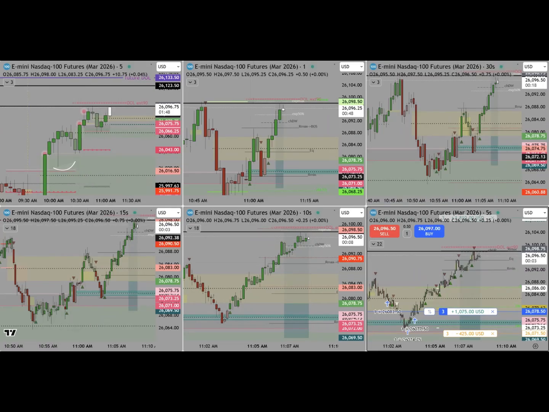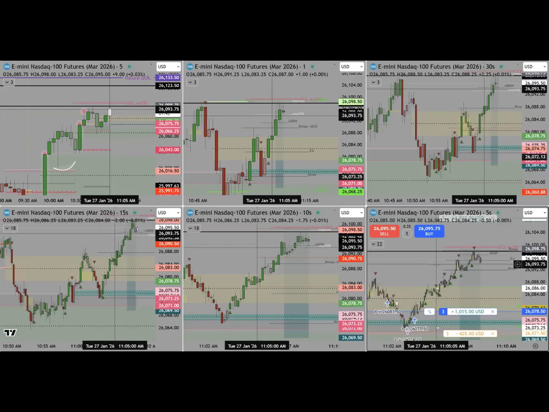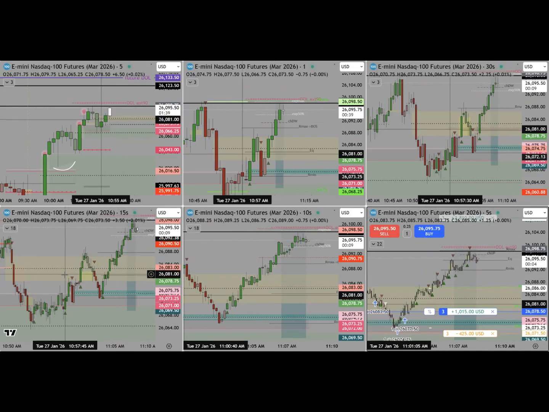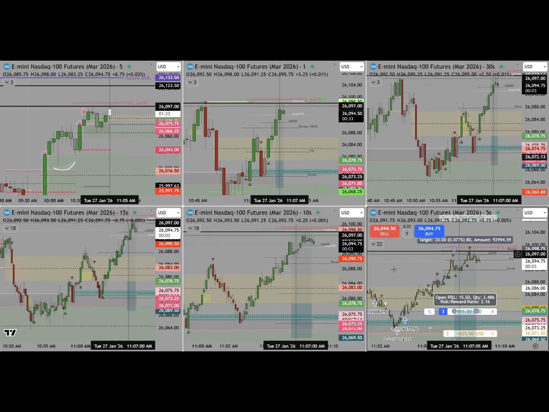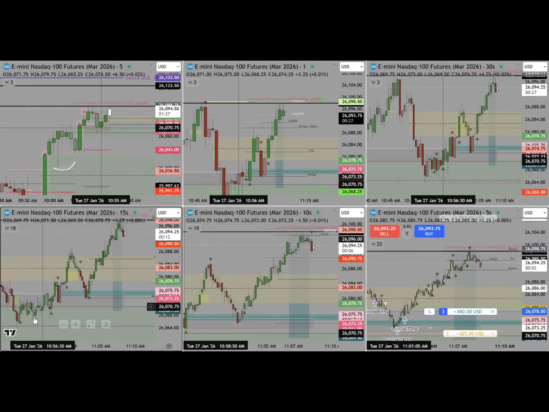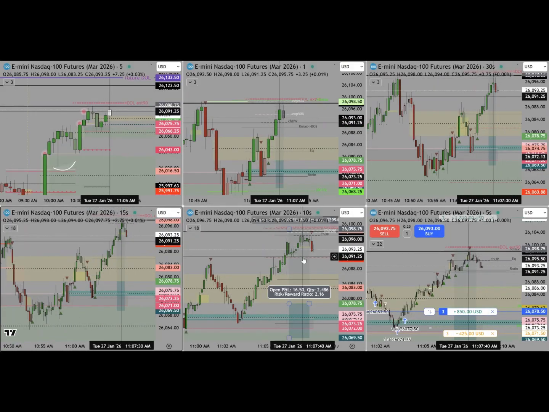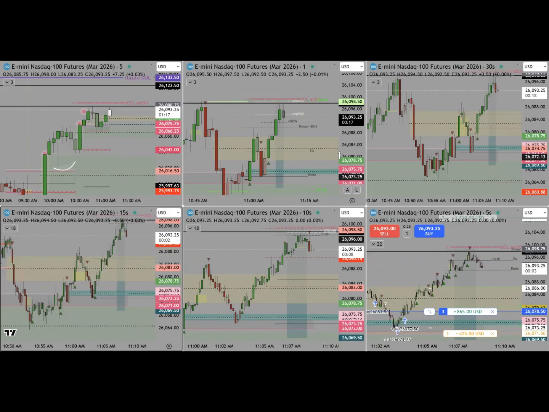This is paper trading. I'm not giving any financial advice here. It's just a demo to showcase the power of these algorithms. See this perfect run. Here it's doing some liquidity building in the second time frames.